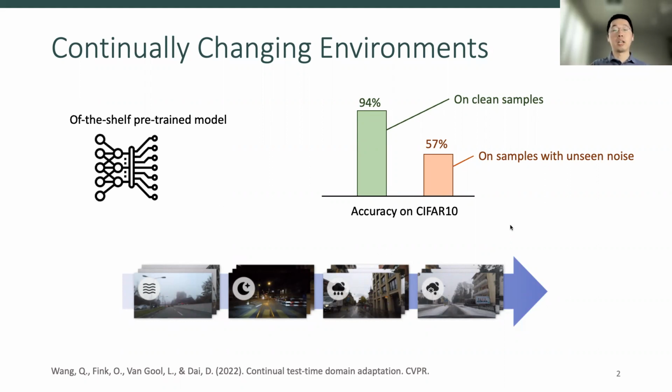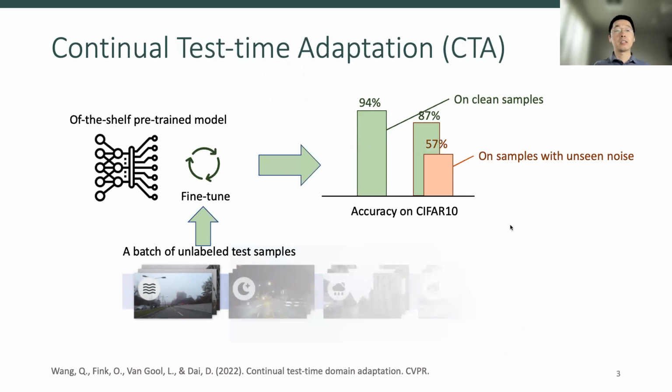How can we address this? Recently, continual test time adaptation was proposed to address this challenge. This was proposed in 2022, called CoTTA, or continual test time domain adaptation. In this method, they first assume that at test time you will have a batch of unlabeled test samples which will be fed into the pre-trained model.